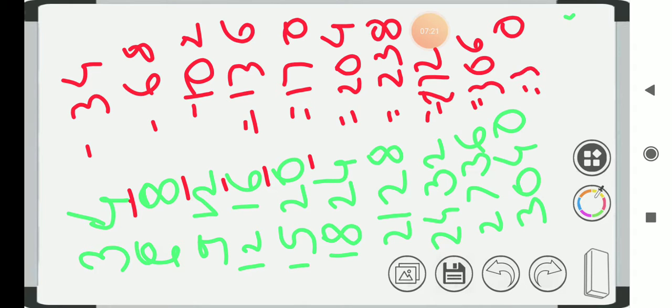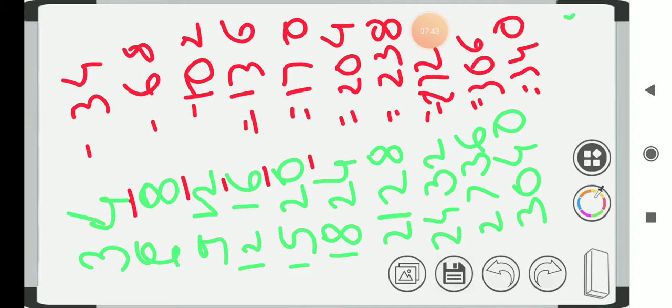And here 304. See, our 34 table is ready within 1 minute. Now by using this table you can solve any division example. You can use this method for 3-digit numbers and 4-digit numbers also.